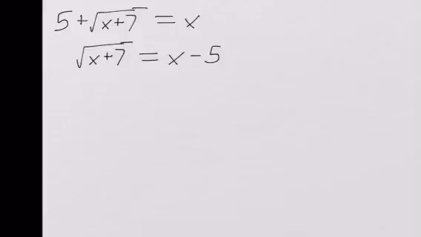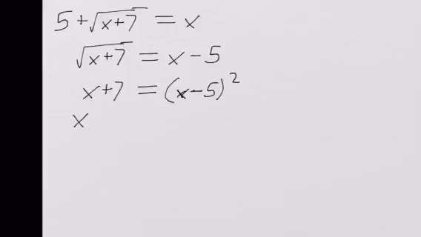Now I will go ahead and square both sides of the equation. So I get x plus 7 is equal to x minus 5 squared. So I'll go ahead and square that right side.